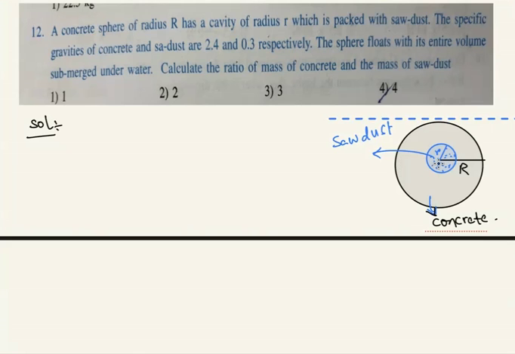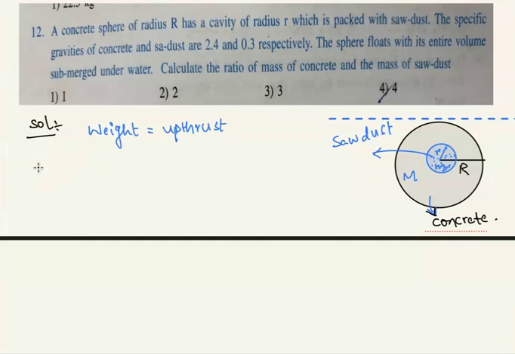Mass of concrete, assume that it is capital M. Okay. And mass of sawdust is small m. Now we need to find capital M by small m value. అంటే ఏం చేయాలి ఇక్కడ చూడండి. According to laws of flotation, weight is equal to upthrust. అవునా? వెయిట్ వాల్యూ ఏమని రాయాలి చెప్పండి.